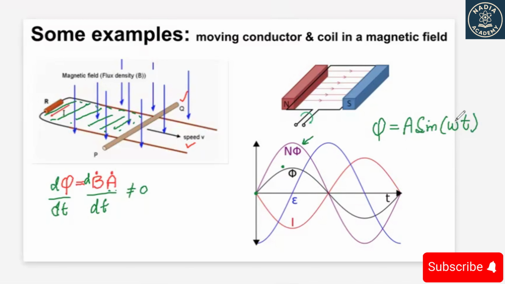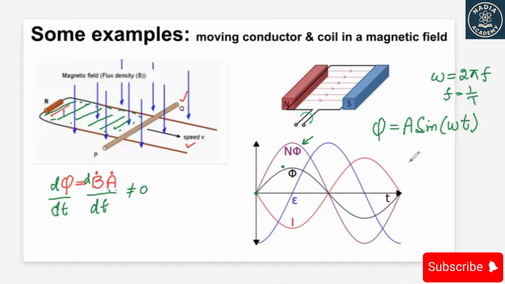You can also convert ω into linear frequency with 2πf, and frequency is equal to 1 over the time period.